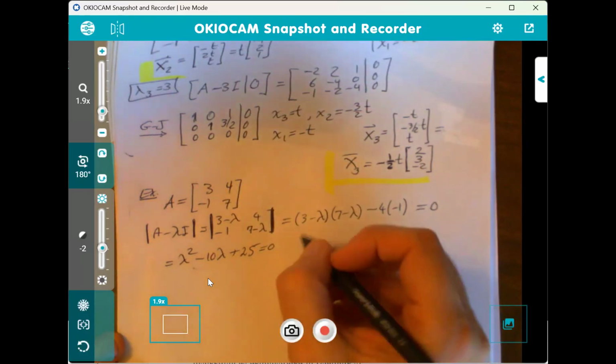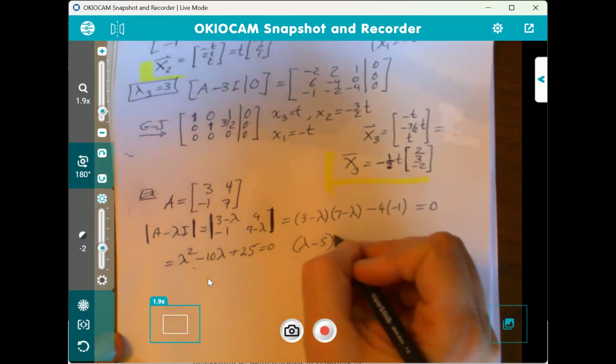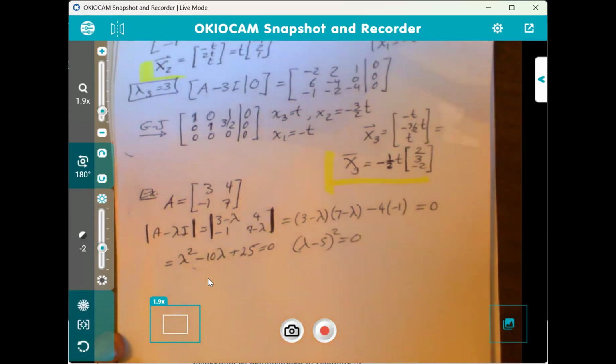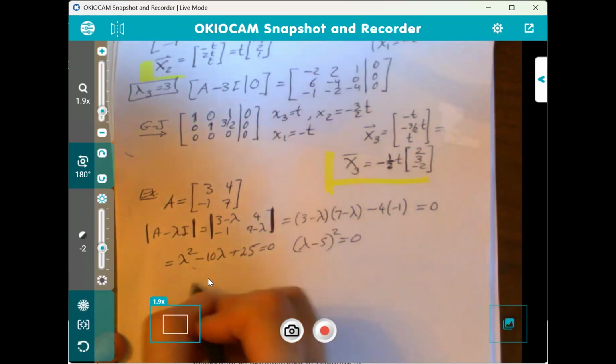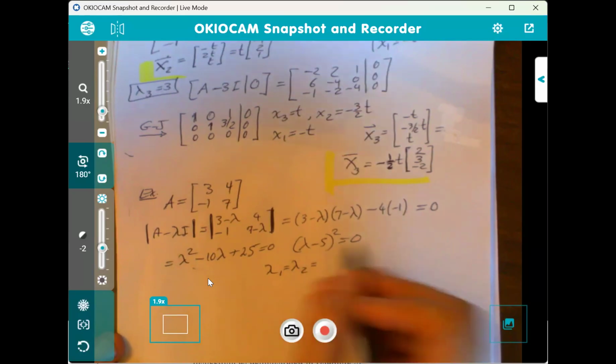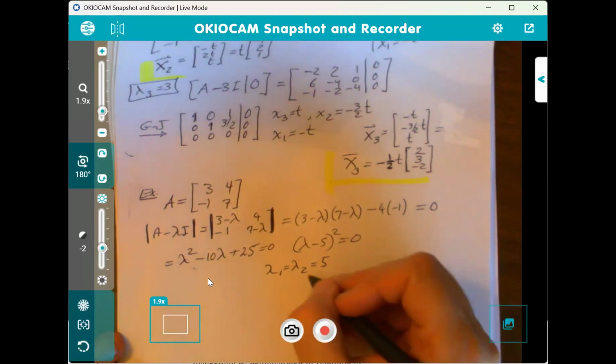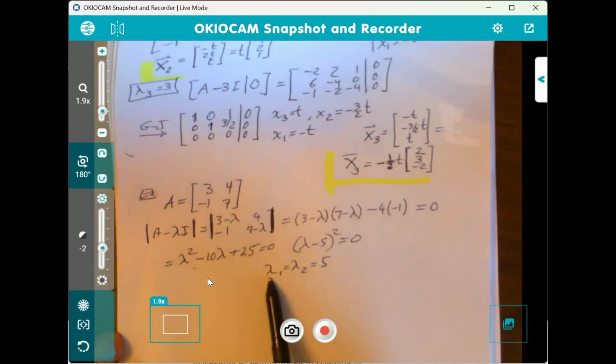And then this I can rewrite as lambda minus 5 squared equal to 0. So as a consequence, we get a repeated root when we solve this. So our 2 eigenvalues are not distinct anymore, right? So I have an eigenvalue of lambda 1 with multiplicity of 2.